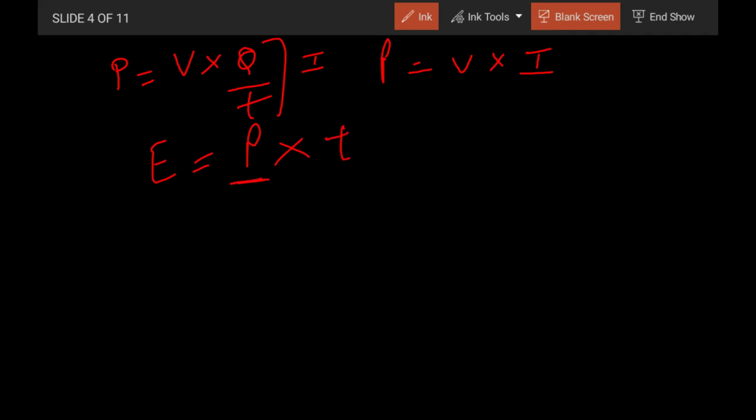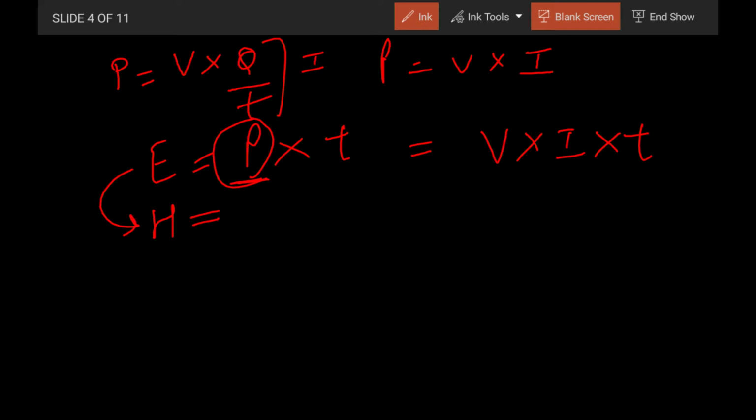Putting the value of P here, we get V into I into t. Now energy is dissipated in the form of heat, therefore we will write H instead of E: H = V into I into t.